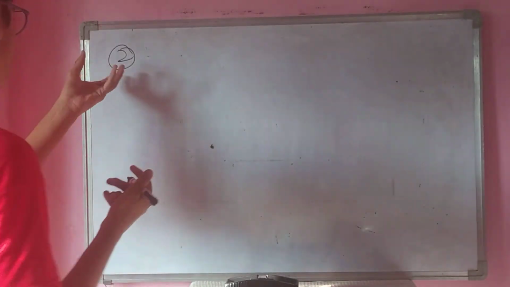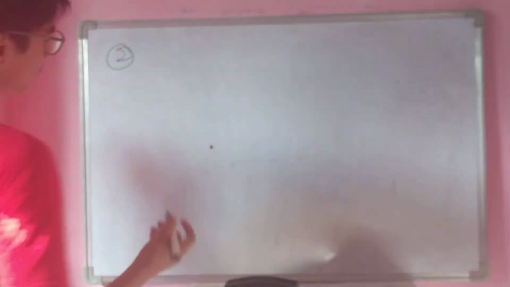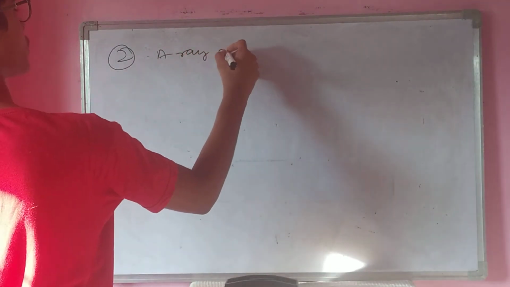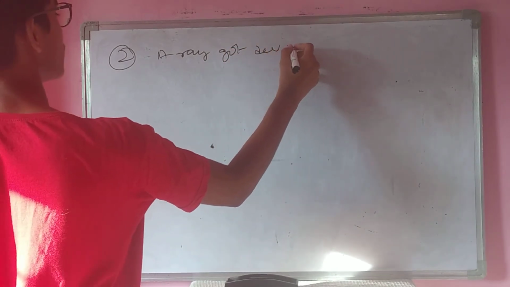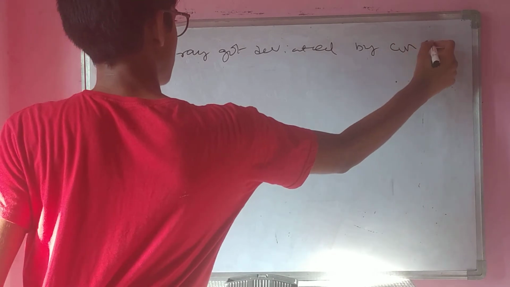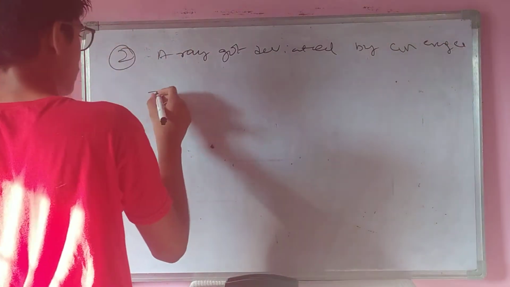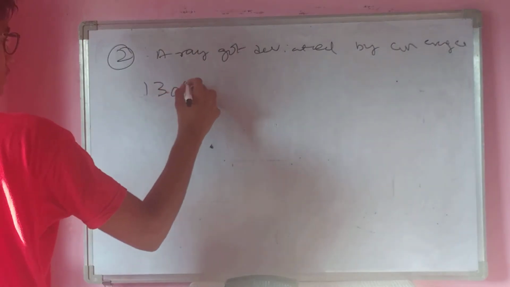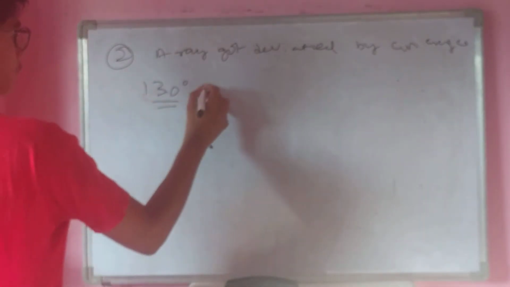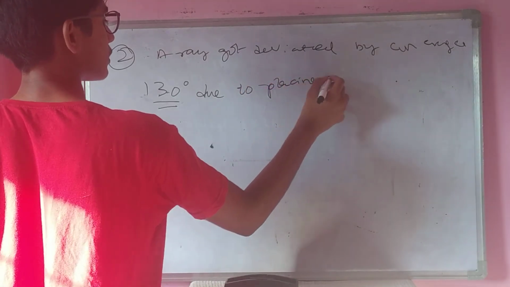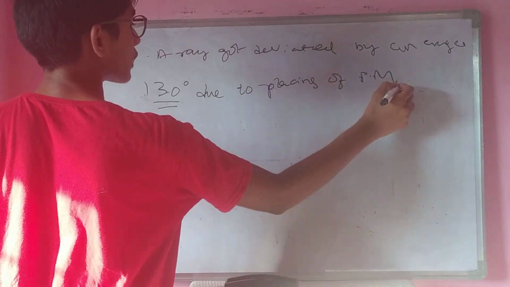Now I am considering the second example, not with any number. A ray got deviated by an angle of 130 degrees due to placing of a plane mirror.